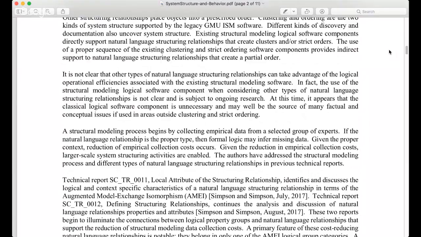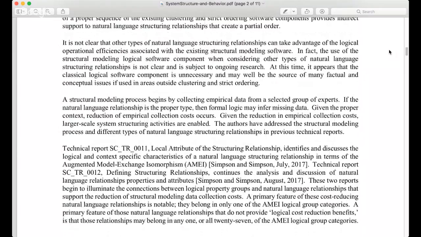And then we've identified a couple of interesting parameters associated with that. One is which of the logical groups does the natural language relationship fit into? And then how many logical groups could a natural language relationship fit into? Could it fit into 1?